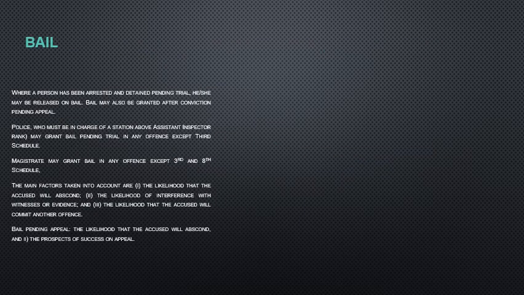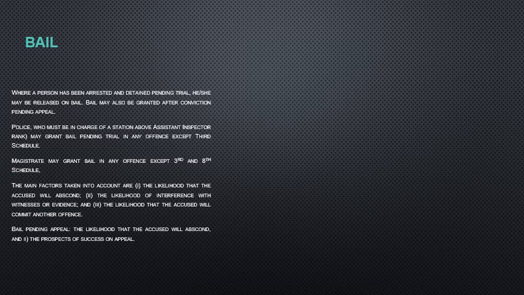And then bail. So in terms of bail, we have a person who has been arrested or detained pending trial, right? They've been secured, as we stated from the previous slide. He may be released on bail, and bail may also be granted after conviction pending appeal, right?